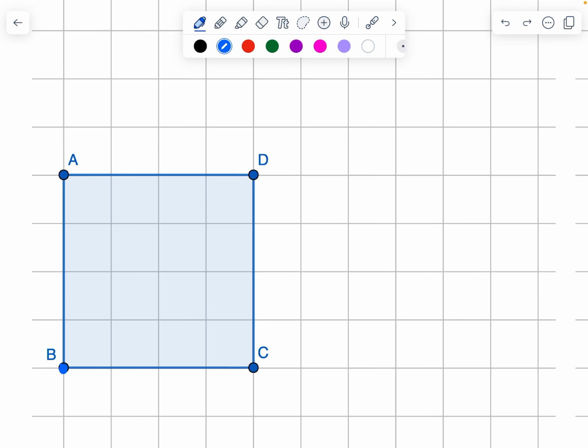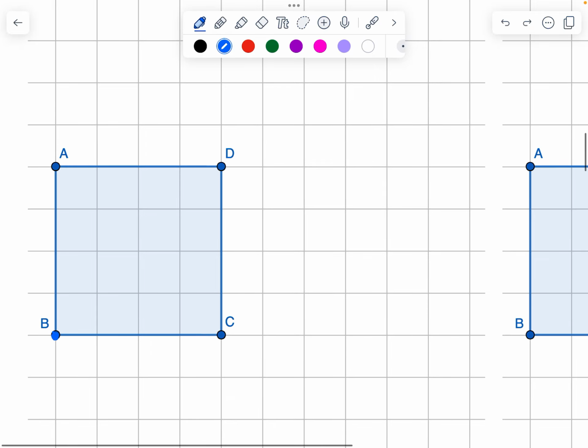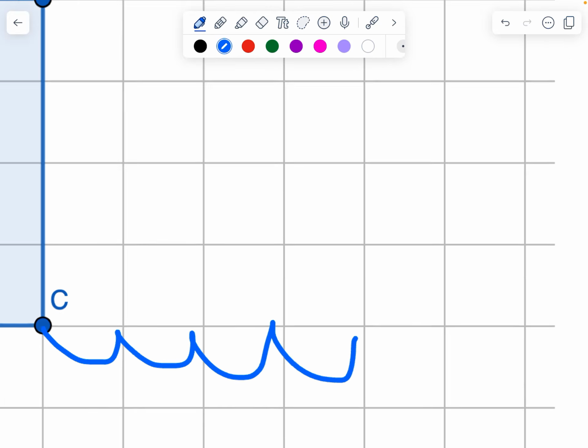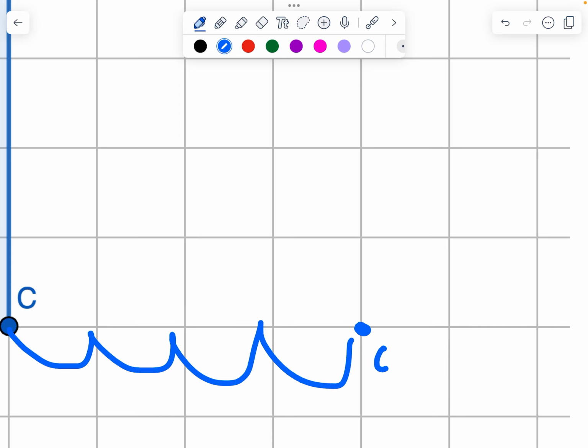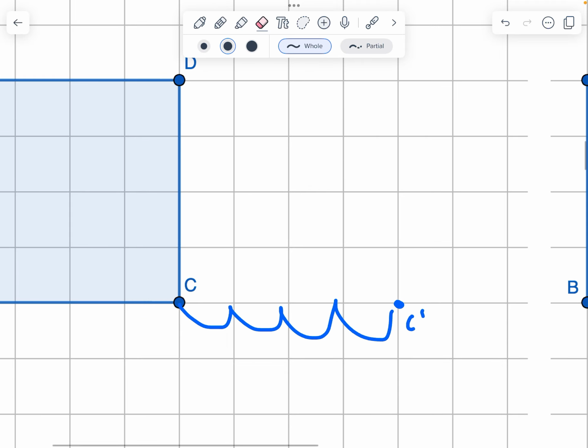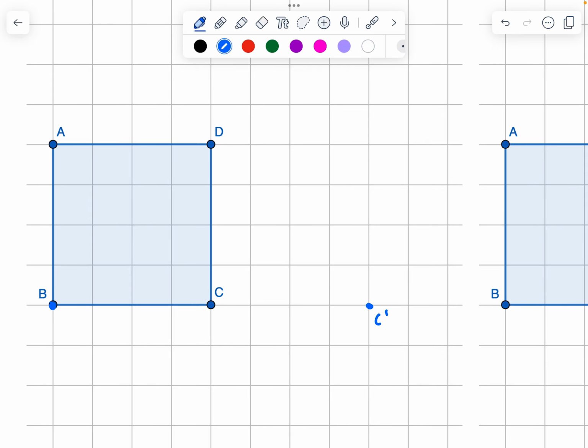So if I'm looking at C, this is 1, 2, 3, 4. Okay, so C is 4 spaces away from B. And that means my new C is going to be 8 spaces away from B because we're going to double that. So I'm going to go 1, 2, 3, 4 again. And there's my C prime. Okay, so I can draw this line right here.